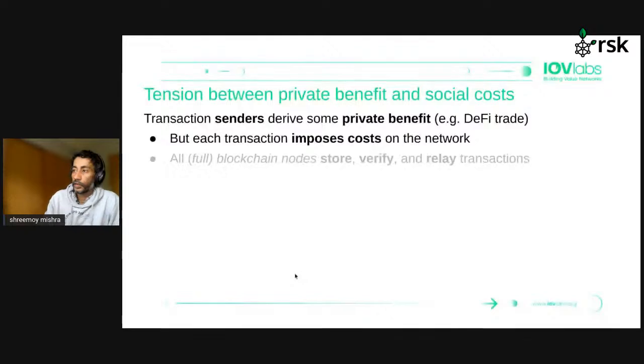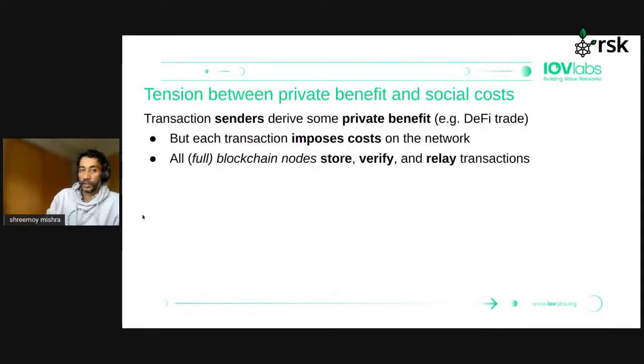Let's recall some of the steps that every node must take. Every node must store, verify, and relay the transactions received to its peers. I want to break this up into 3 overall sources of costs.